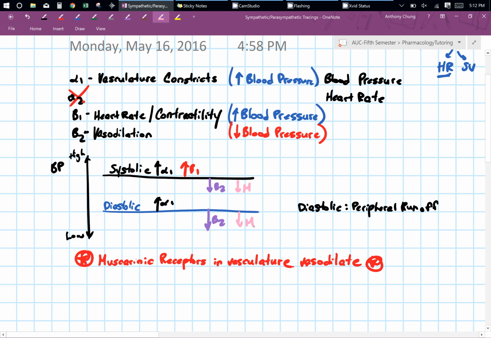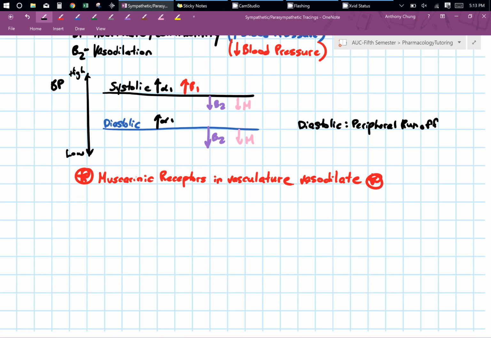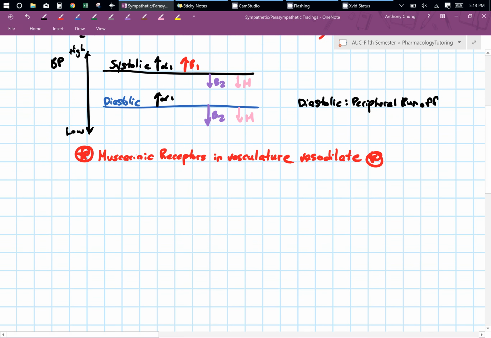All right, so these are the pieces. Now, all I need you to do is to put the pieces together. The first thing I'm going to do is talk about norepinephrine, because norepinephrine is going to be the easiest example. Oh, actually, no, I'm going to give you tracings first because I have a little bit of time. I'm going to give you a little line over here with a systolic and diastolic like this.